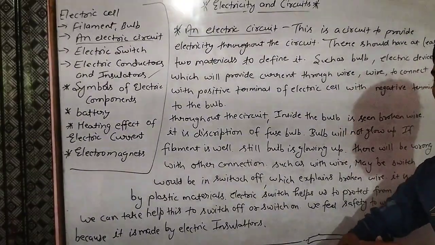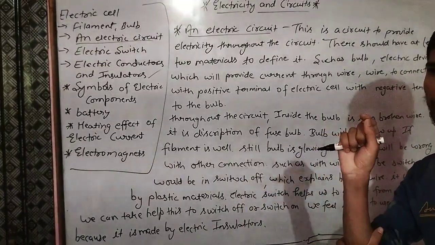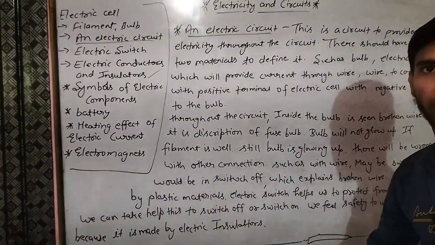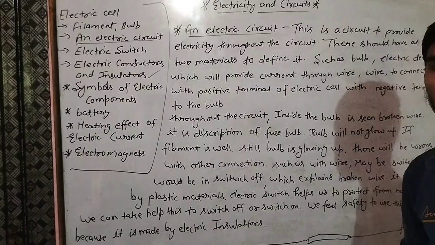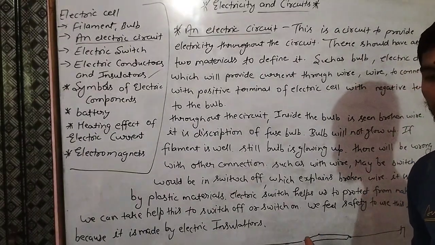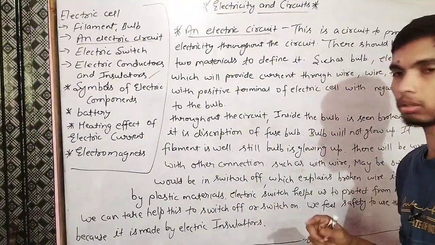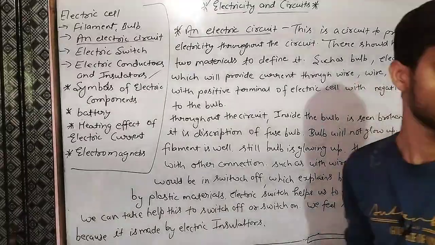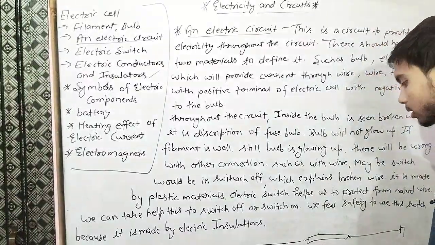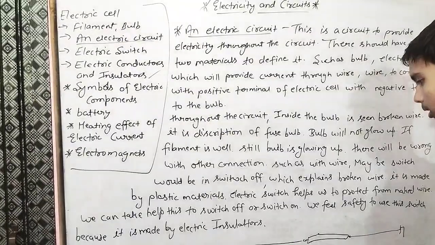When we touch the electricity, then electricity will come throughout our body. Our life can be lost. That's why it is said we should be aware to experiment with electricity. It is said in a book we should not touch naked wire.